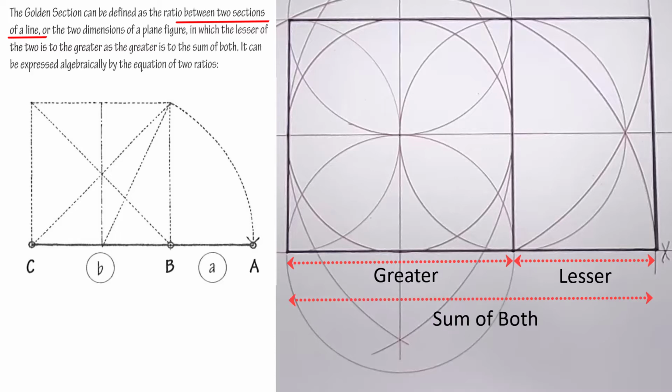Here are the two sections that Ching is referring to, and those two add up to the sum of the two together. Interestingly enough, there's only one specific spot on this line where that can occur.